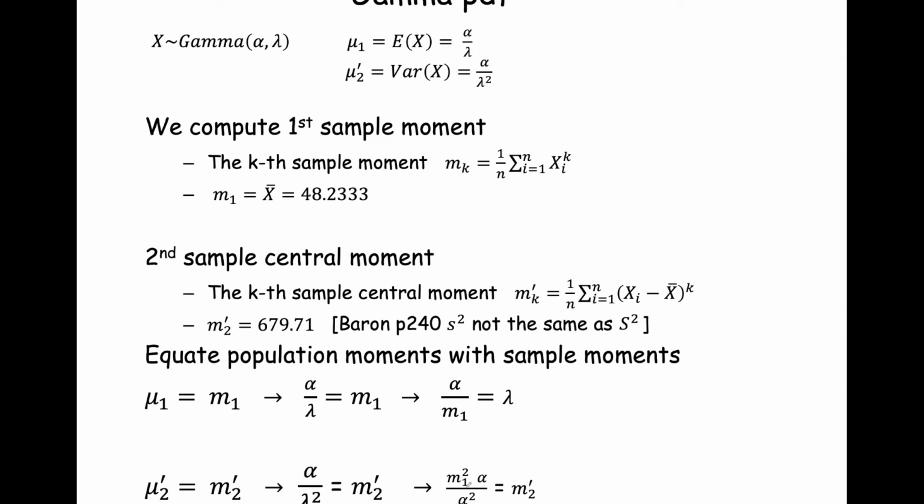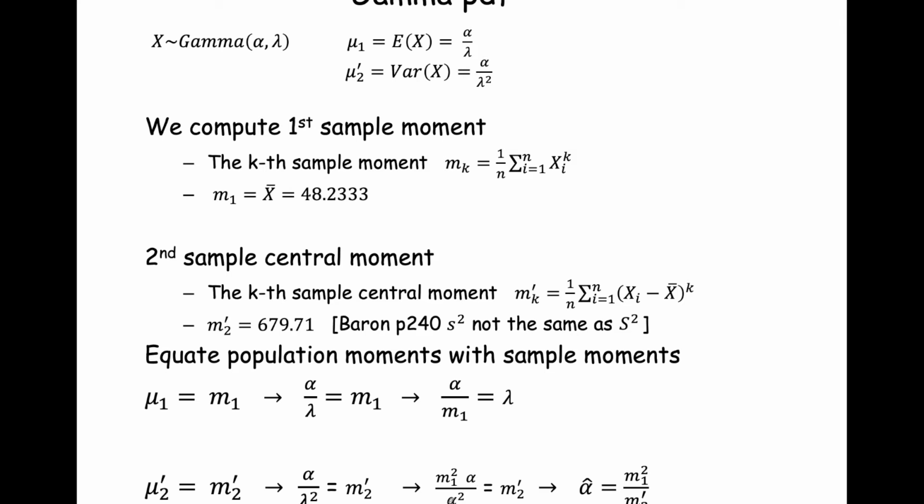So this leads me to m1 squared alpha over alpha squared is equal to m2 prime. What I did here is I took this result from the first equation, substituted for lambda in the second equation, and I get this expression in the second equation. So now I do a little bit of algebra, and I want to isolate this alpha and that alpha.